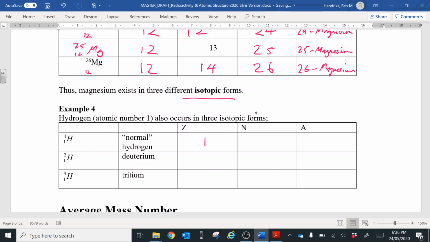Number of neutrons for normal hydrogen is 0, and we have a mass number of 1. Okay, 1, 1, 2, 1, 2, 3. So remember protons here, neutrons, and mass number.